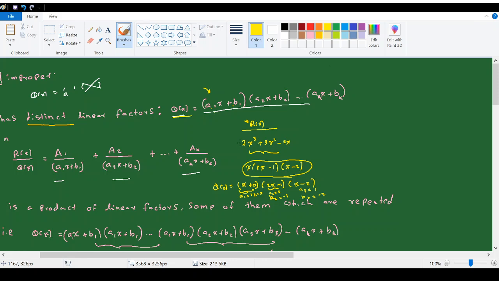Now the special property of this first category is, like, there are two special properties that a polynomial should possess in order to fall under the first category. Those two properties are, it should only contain linear factors, right?